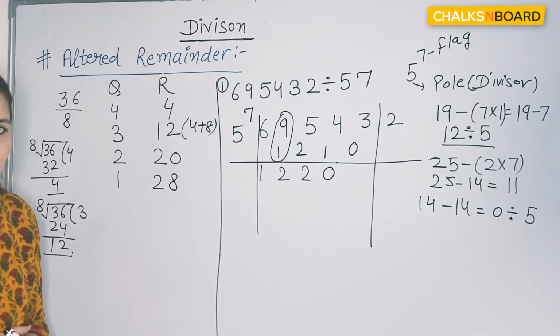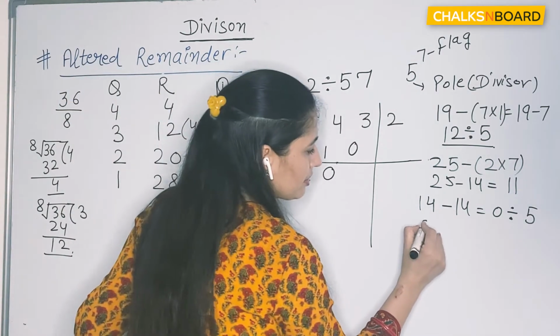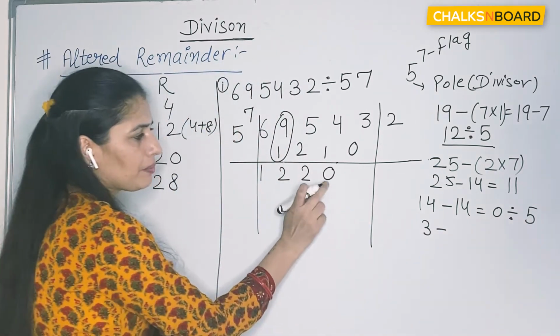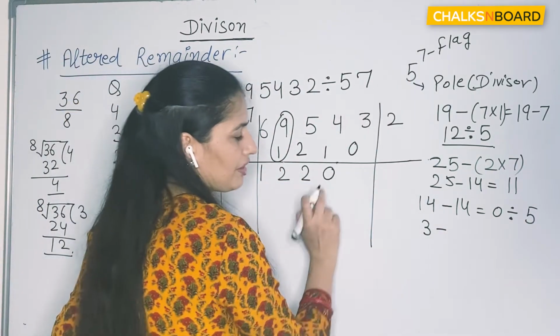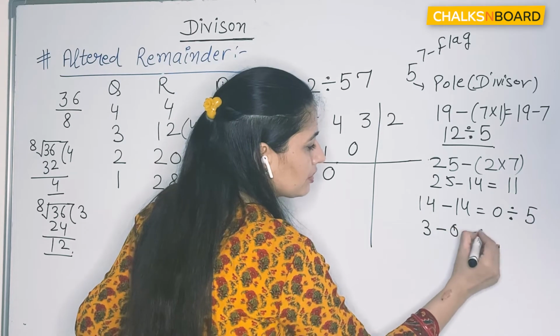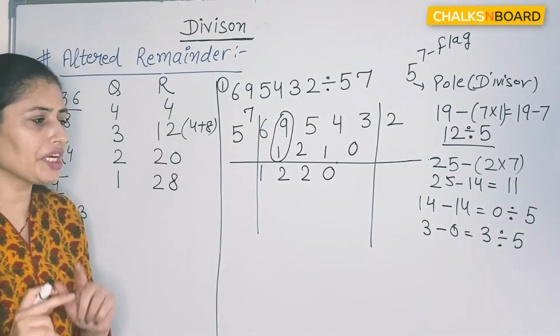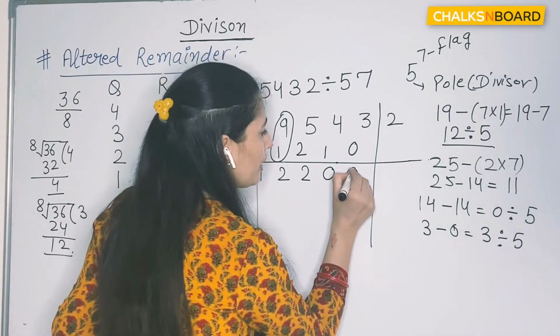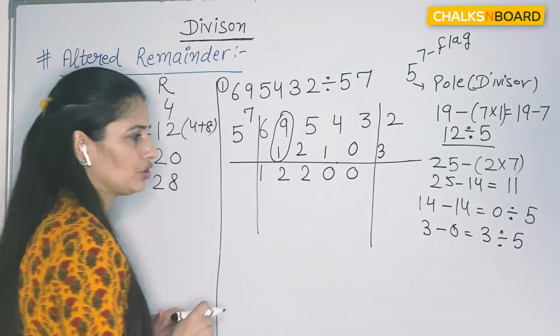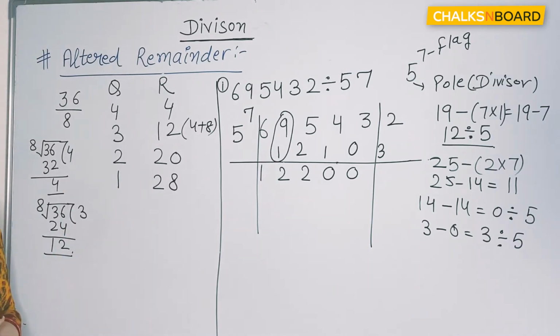So what is the next number? That is 03, that is 3. 3 minus multiplication of 0 with 7, that is 0, that is 3. And when we divide this 3 by 5, our quotient is 0, so we can put it here and our remainder is 3. That is 32.